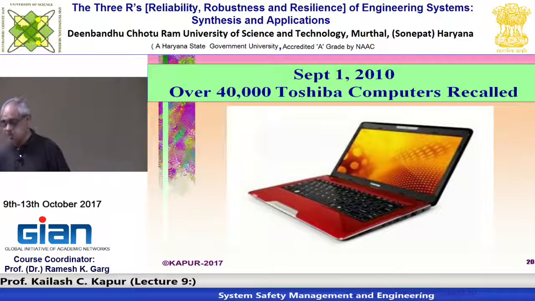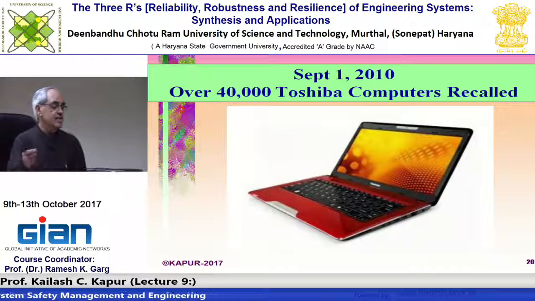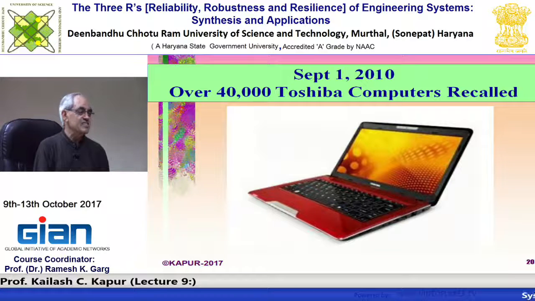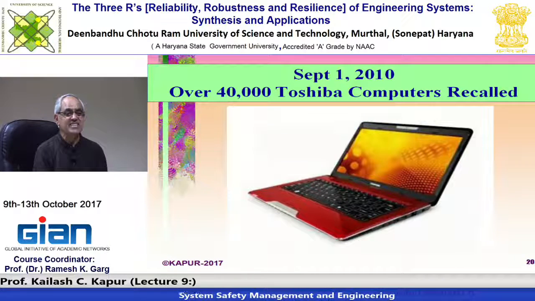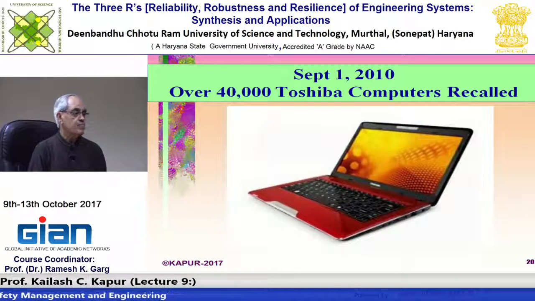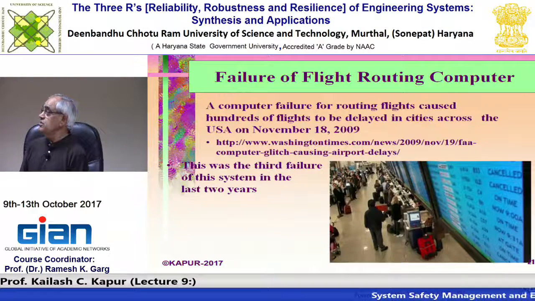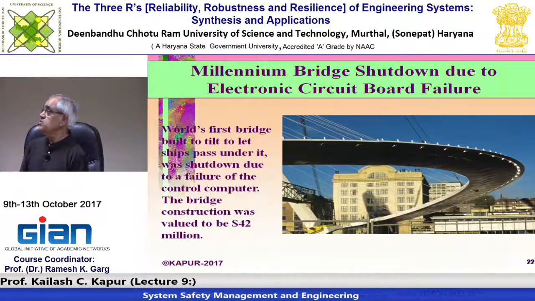There was a Japanese company that made airbags, and last year it became bankrupt because their airbags were defective. That was Takata, and they almost had to file for bankruptcy because of such a huge liability. At an airport, if the computer doesn't work, you have tremendous cost to society.